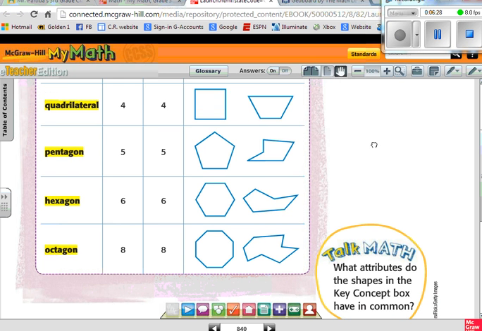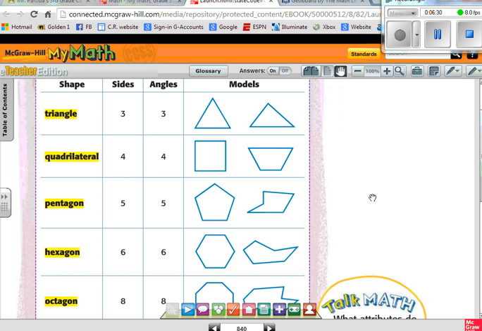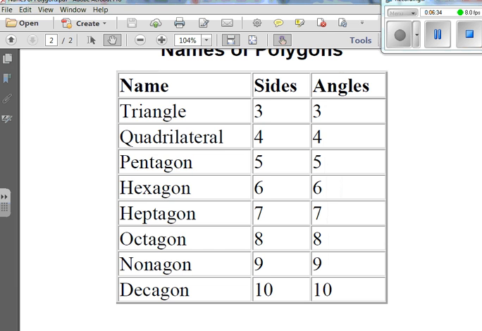So, just like this chart, you have one inside your math folder. If it has 3 sides and 3 angles, it's a triangle. If it has 4 sides and 4 angles, it's a quadrilateral. Sometimes you might say it's a square, a rectangle, a diamond. Sometimes we call it a trapezoid. If it has 5 sides and 5 angles, it's a pentagon.